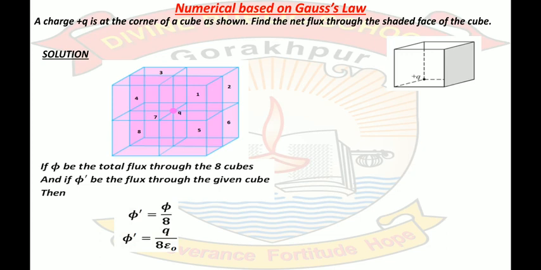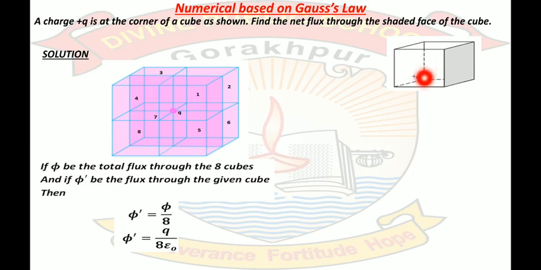Now for one cube only, there are 3 faces which are in contact with the charge, and 3 faces which are at the far end from the charge. The surfaces which are in contact with the charge, like this surface, the bottom surface, and the surface at the back, the net flux through these 3 surfaces will be 0.